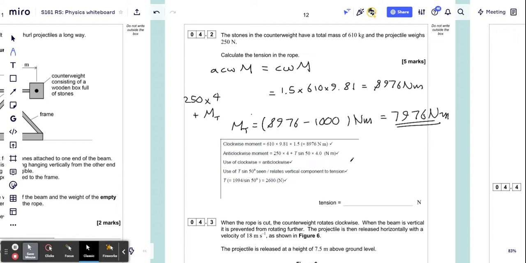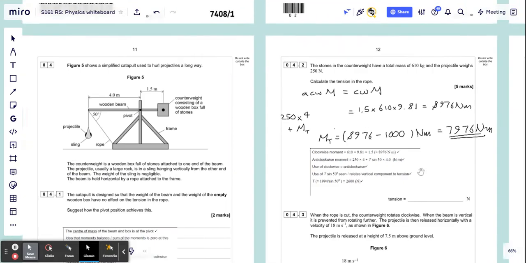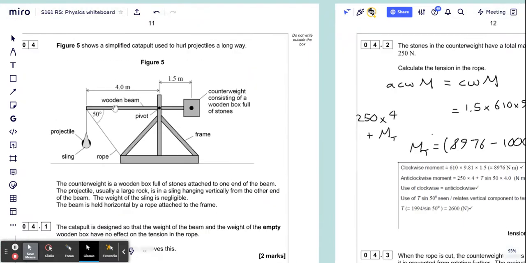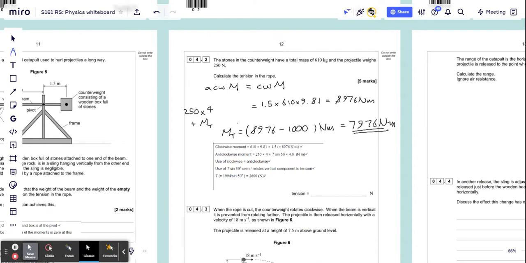Now this is when the angle is going to come in. The point is, it's got to be the component of the tension that is perpendicular to the distance from the pivot. So what component of this tension is vertical, essentially? If we draw a triangle here, the hypotenuse is the tension.